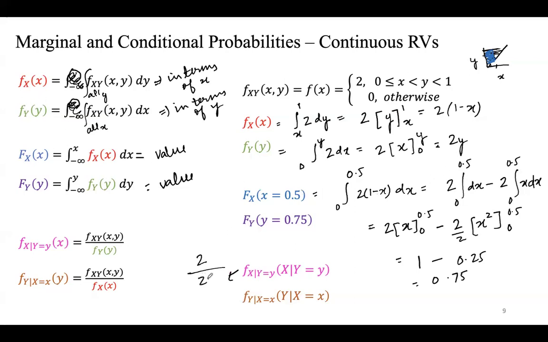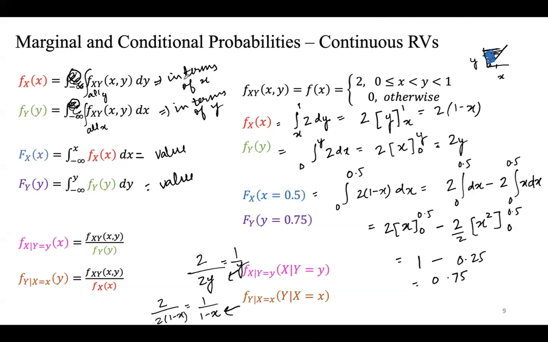So that's going to be 2y, right? So it's going to be 1 by y. And likewise, this one, it's going to be 2 upon 2 into 1 minus x. That's 1 upon 1 minus x.